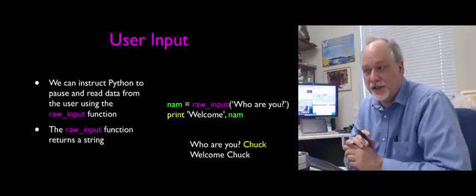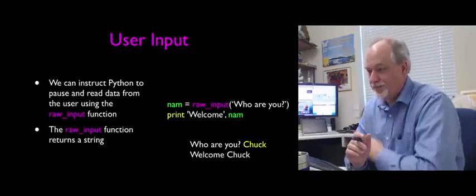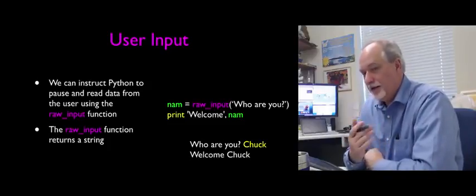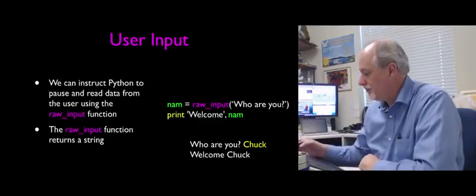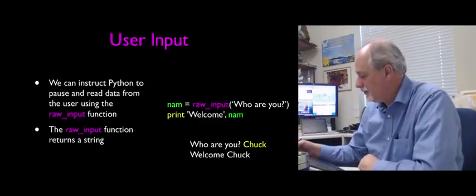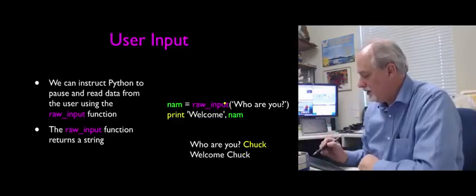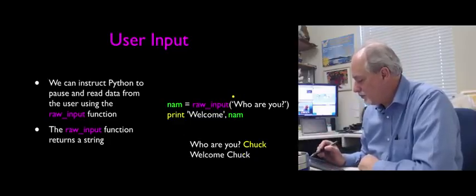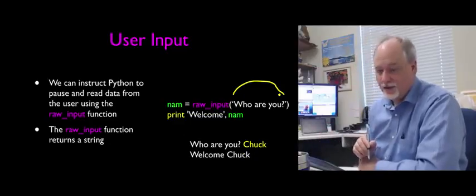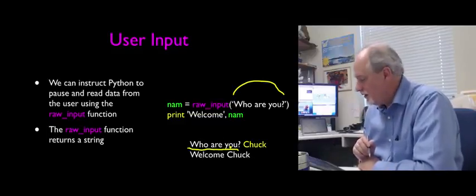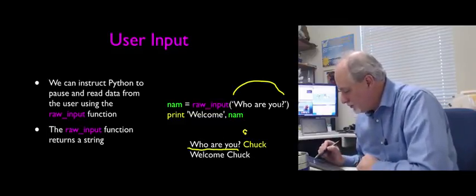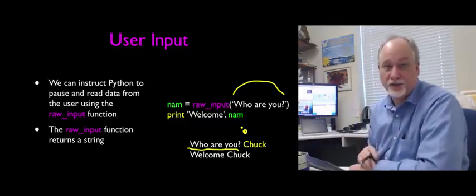Now we'll talk a little bit about user input. There's a function that's built into Python called raw input. What happens when raw input runs is it has as one of its parameters a prompt, which is something that shows up on the screen. Who are you? And then it sits and waits.